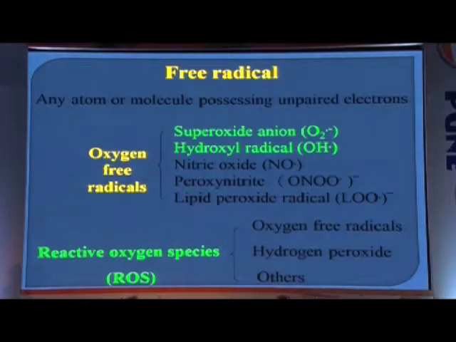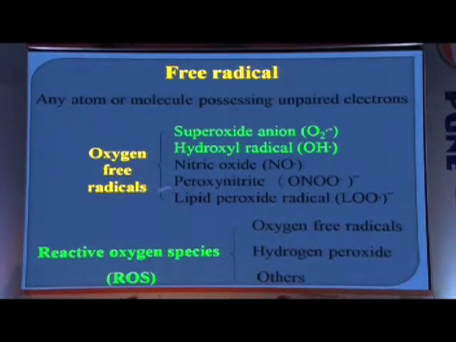So these are all the oxygen-free radicals. So what is the definition of an oxygen-free radical? Any atom or molecule possessing unpaired electrons. This is where the trouble comes. So nowadays a lot of research is going on in oxygen-free radicals, and a lot of disease processes have been identified to be associated with oxygen-free radicals and other reactive oxygen species.